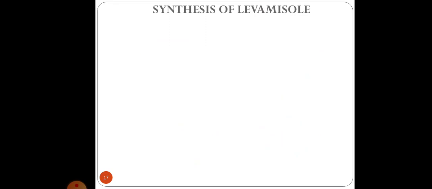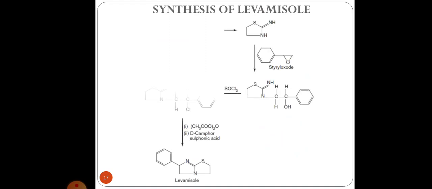Next, the synthesis of levamisole. This is a 4-step synthesis. In the first step, thiourea undergoes a reaction with 1,2-dibromoethane to produce a cyclized compound, that is thiazolidine 2-imine.